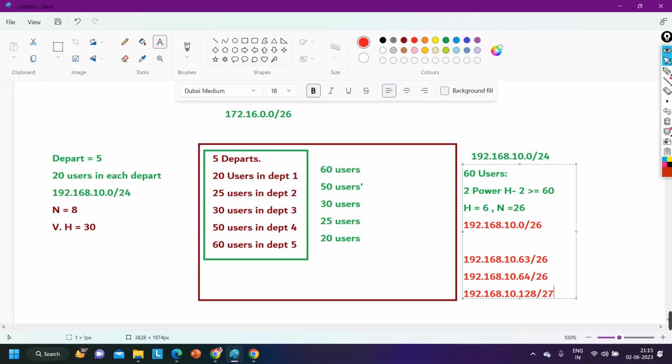If N is 27, CIDR value is 27, then what will be the next network ID? 160.